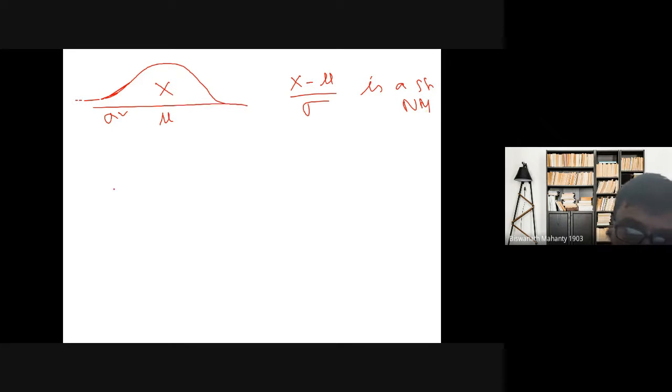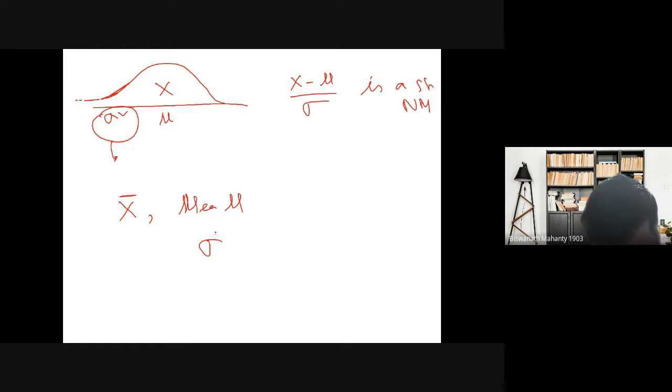Now I am coming to a point where the distribution of x bar, whose mean is mu and whose variance, instead of sigma square, is sigma square by n.